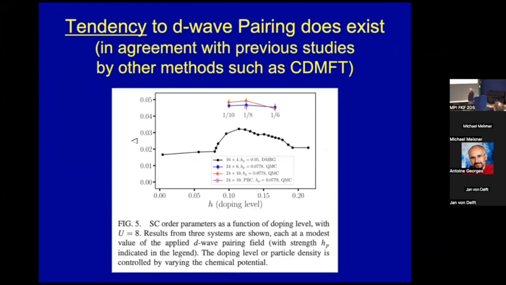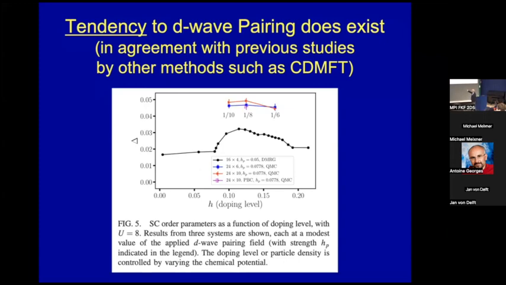Okay, so what everybody agrees on also is that in the two-dimensional Hubbard model, there is a strong tendency to superconductivity. What does that mean? This means that if you trigger the pairing by putting a small field that is conjugate to the pair creation operator of D-wave type, the system responds strongly in some regime of doping, temperature and U. This is the ground state, this is 0 temperature.